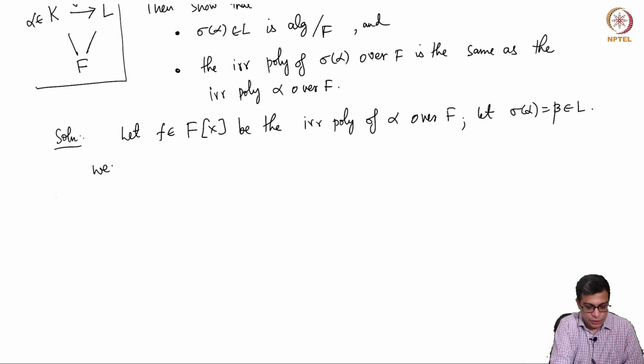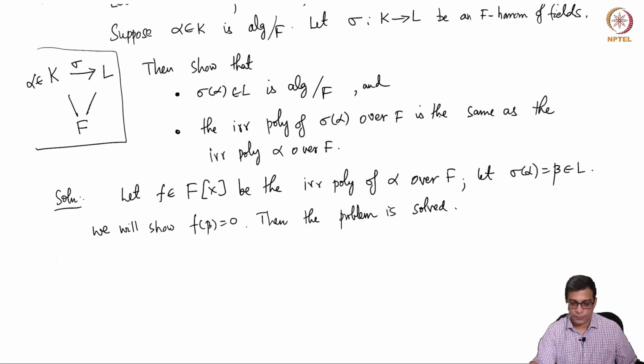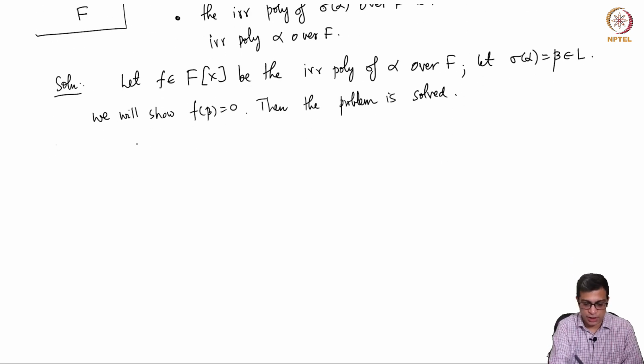So we will show that f of beta is 0, then the problem is solved, right? Because it will obviously prove that it is algebraic because beta is the root of a polynomial over capital F and f is irreducible, so it must be the irreducible polynomial. So that's all there is to it.